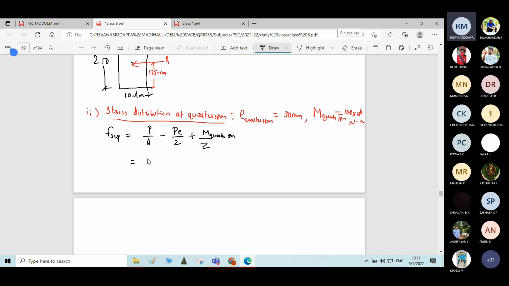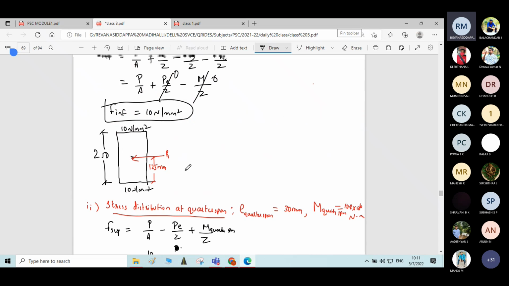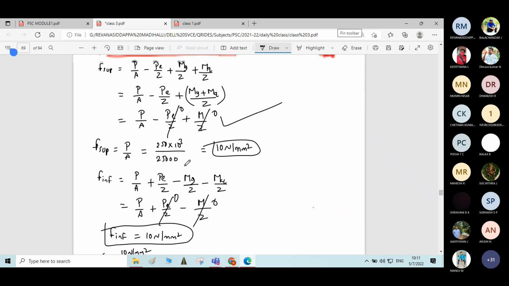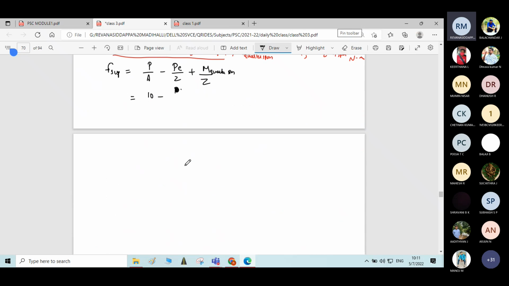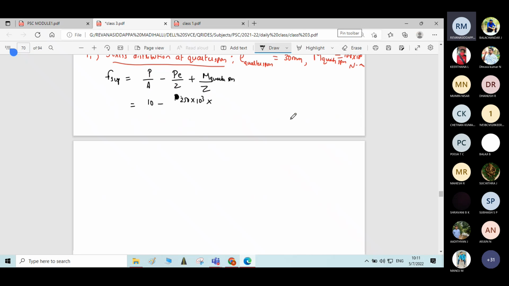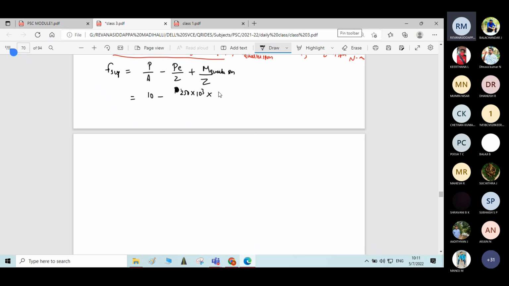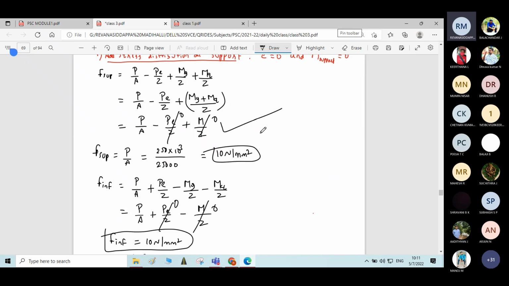I want to substitute the values once again. 10 minus P, the P value, 250 into 10 power 3, into eccentricity e at quarter span, 30 mm, divided by section modulus Z. How much is it?